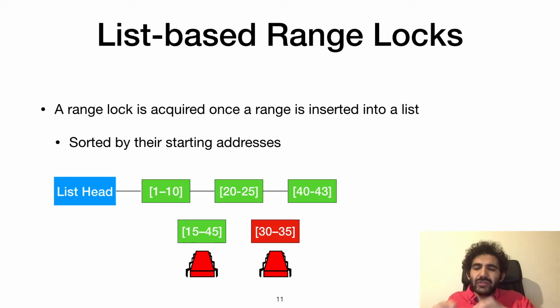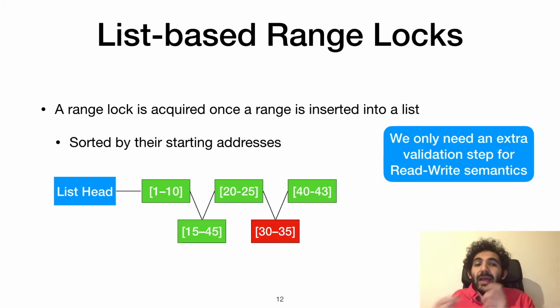If we have these two new range lock requests that do overlap with each other, they will not be overlapping at the insertion point anymore. Why is this? It's because readers are allowed to overlap. So the point of insertion is different, and both of them would manage to insert their nodes into the list, which is a data race that would break the correctness of our algorithm.